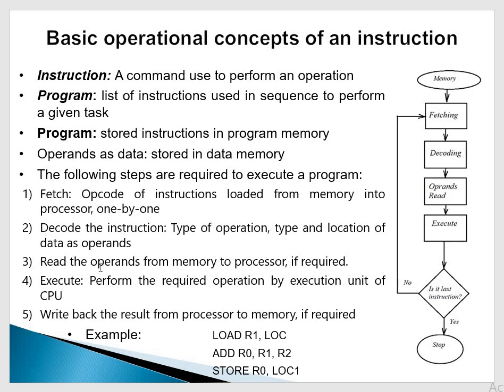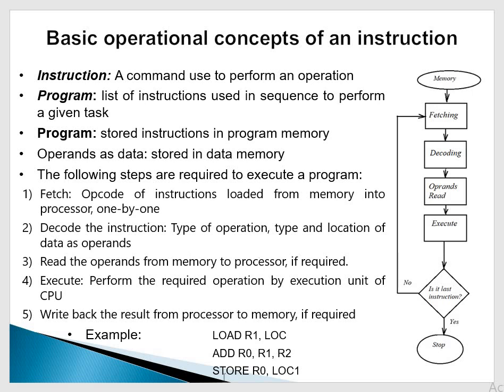So it reads the operands from the memory to the processor. If the data is required from the memory, it reads from the memory. If the data is required from the internal registers of the processor, it reads the operands from those internal registers.